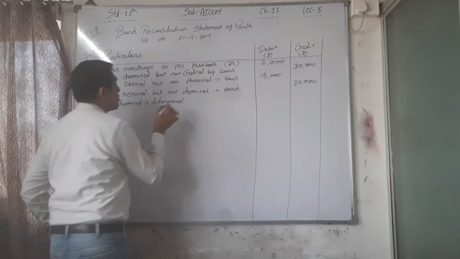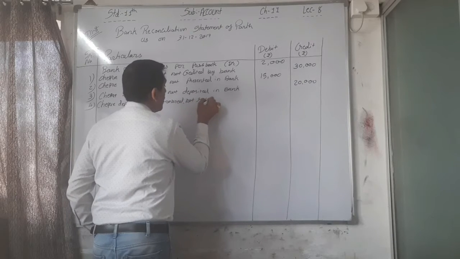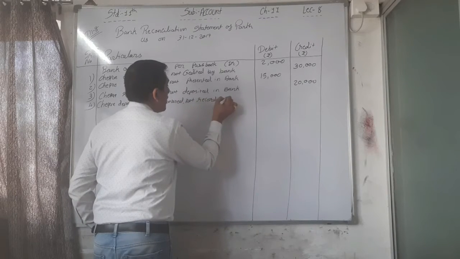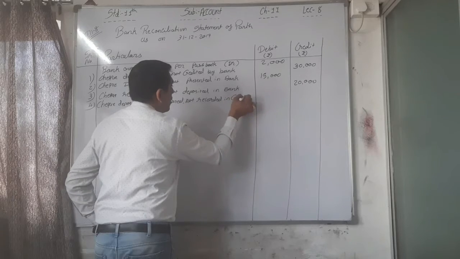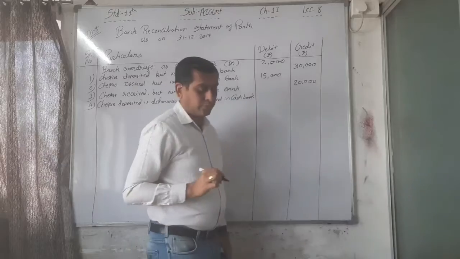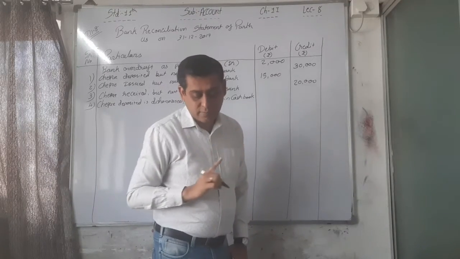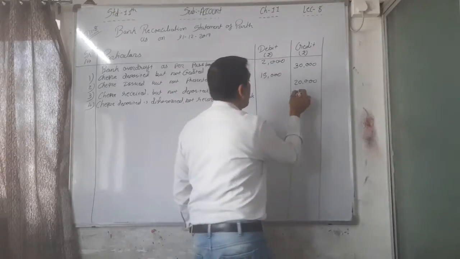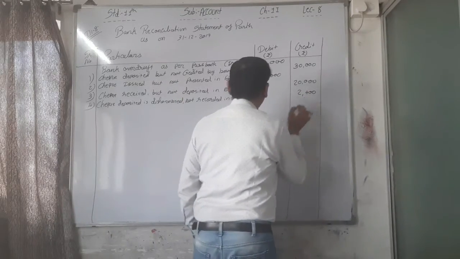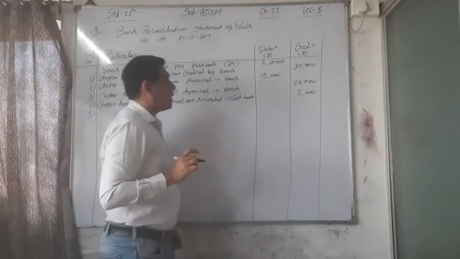Check deposited is dishonored and not recorded in cash book. So deposit dishonored is always credit. That's why credit 2,400. The word dishonored is there, always credited. So credit side 2,400.